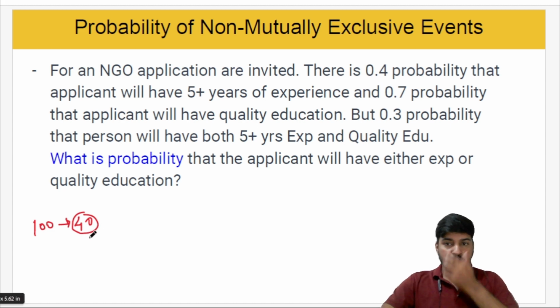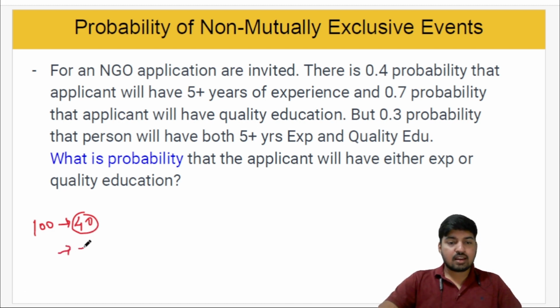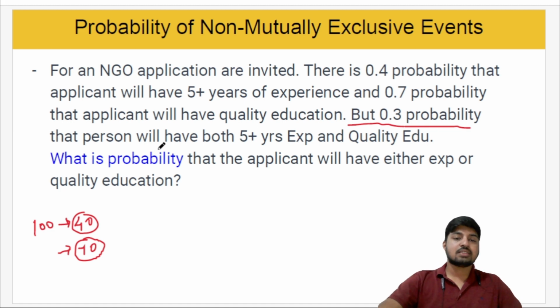Okay, and within these 100, there are 70 applicants who have a quality education, in the sense from a recognized, good university. But only 0.3 probability is there that the person will have both 5 years of experience and quality education.